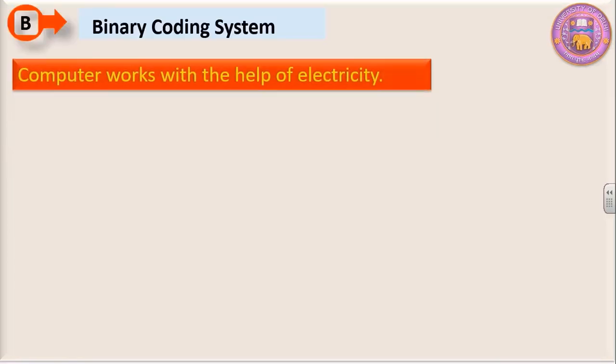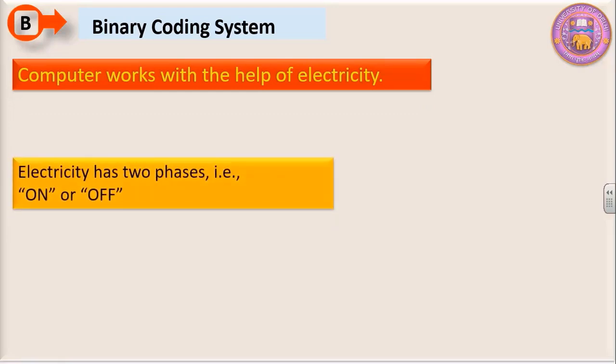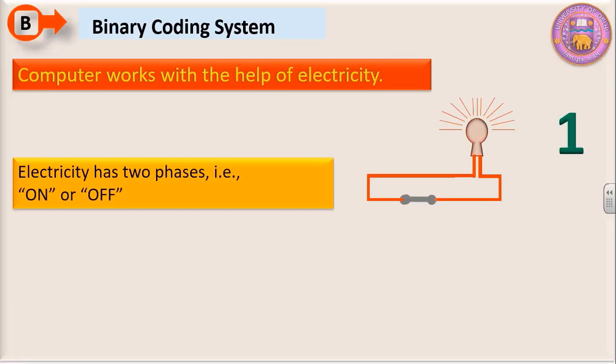We know that computer works with the help of electricity, and electricity has two phases. Electricity can be either on or off. Now here you can see that when the circuit is disconnected, it becomes 0. When the circuit gets connected, it is 1, that is electricity is on.